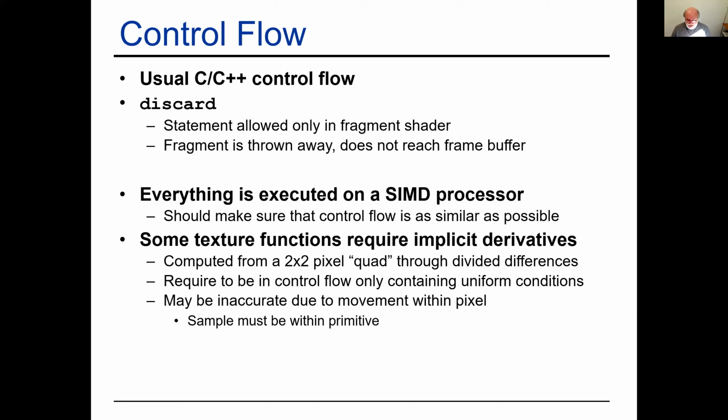The thing to keep in mind here, though, is that GPUs essentially operate as SIMD processors. So GPUs are essentially SIMD processors, or SPIMD, which is a slight variation of that, but doesn't matter here.